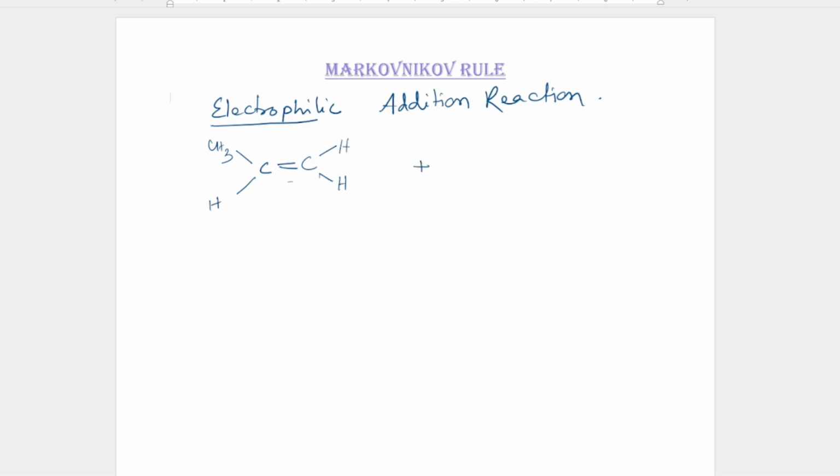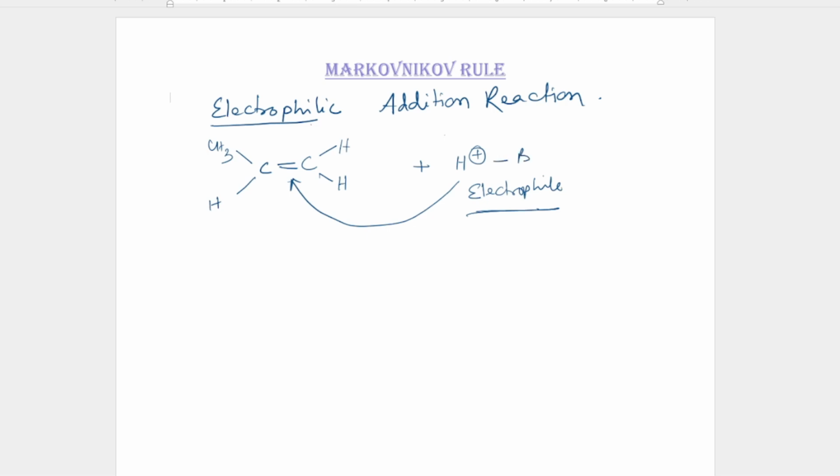That means the positively charged element will always attack first, because positive will be attracted towards the bonded electrons. Okay, so this is the electrophile. So in the mechanism, the electrophile first attacks the pi cloud. That's why it is an electrophilic reaction.